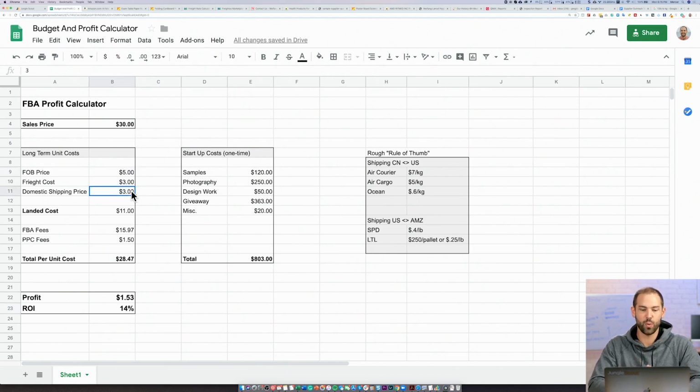So this is why it is difficult to figure out the true costs just from using these rough rules of thumb or from using what you're estimating these products to cost. All right.